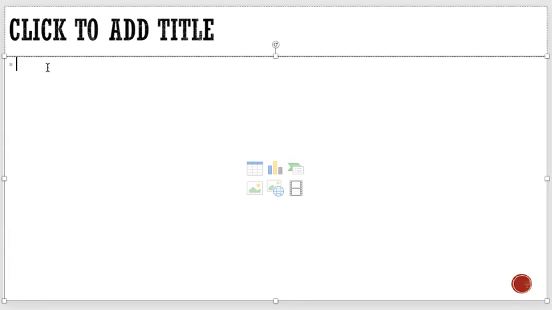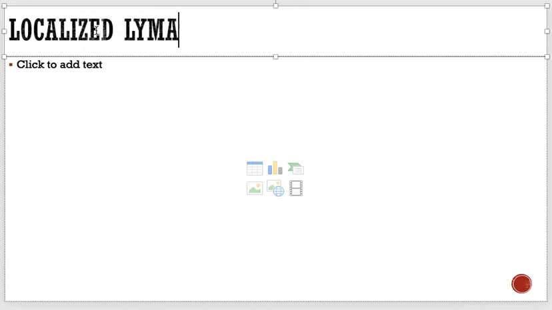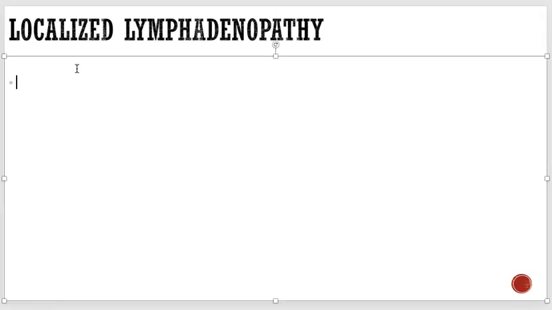If we talk about, for example, the causes of localized lymphadenopathy, again there can be many reasons. It could be acute, reactive, of course a localized infection.